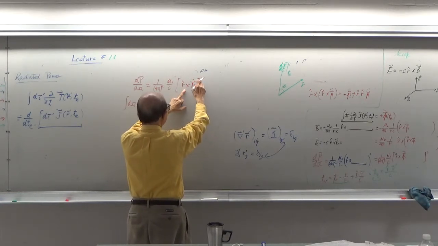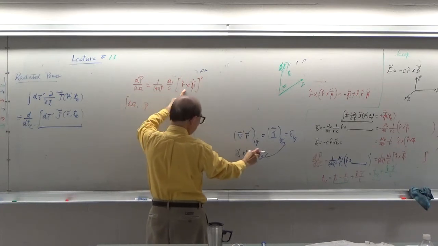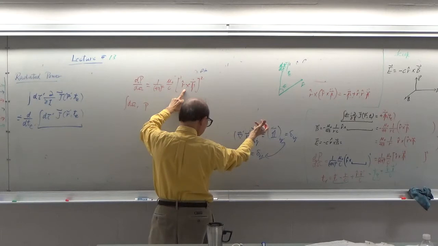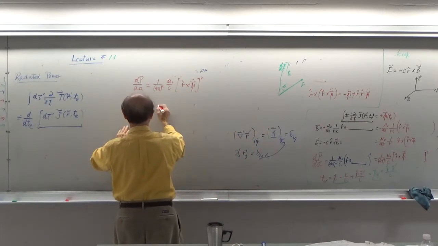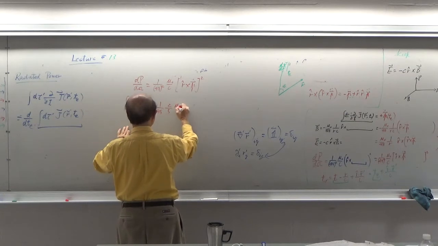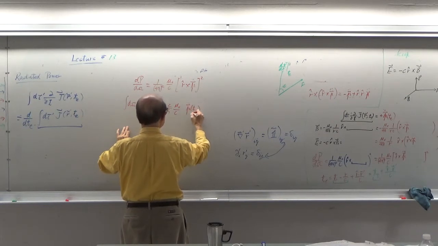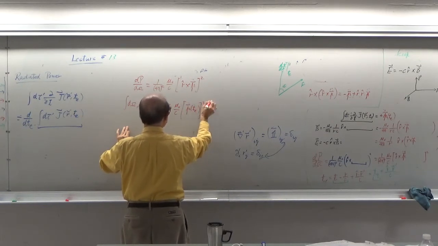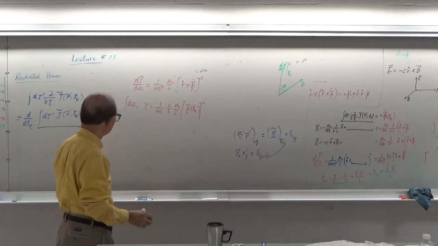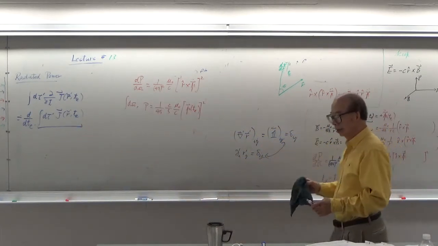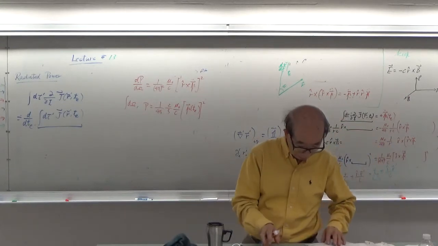Sine square integrated out would average to be 2/3. So this is equal to 1/4 pi, 2/3, mu naught over c, r m p double dot at t, square.